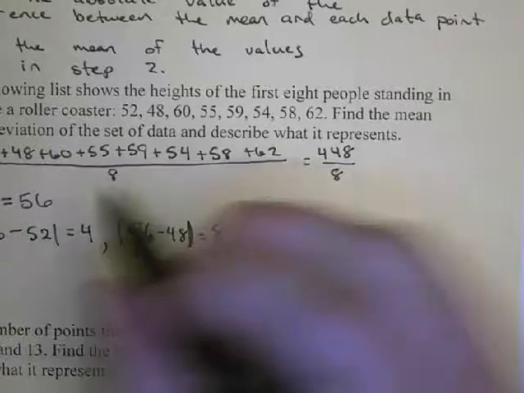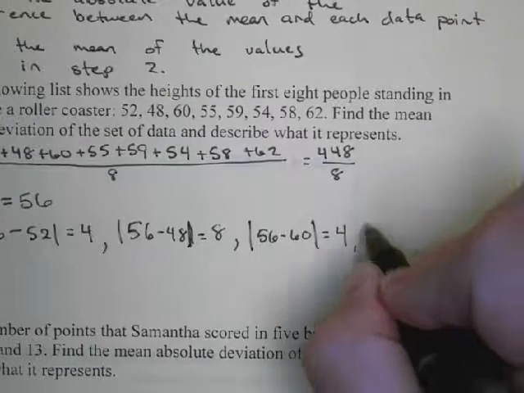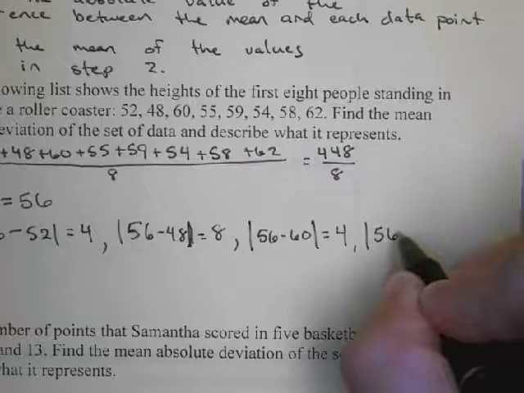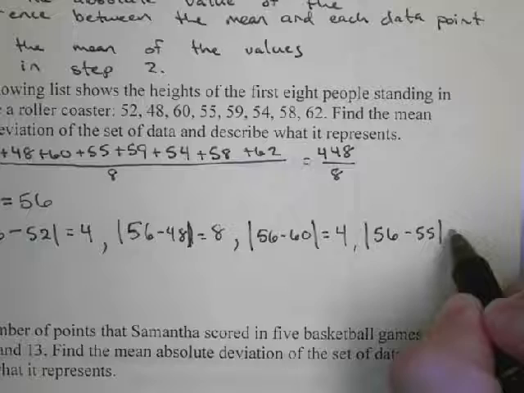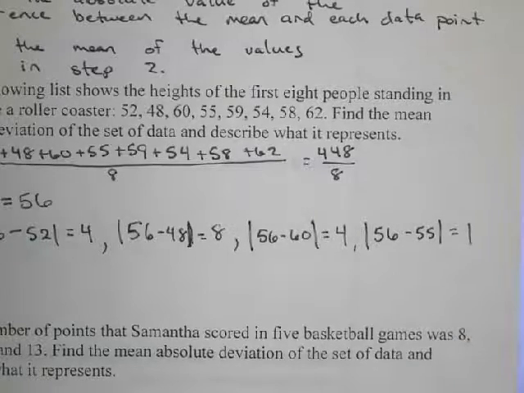We're going to do this for every point. So now the absolute value of 56 minus 55 is 1.